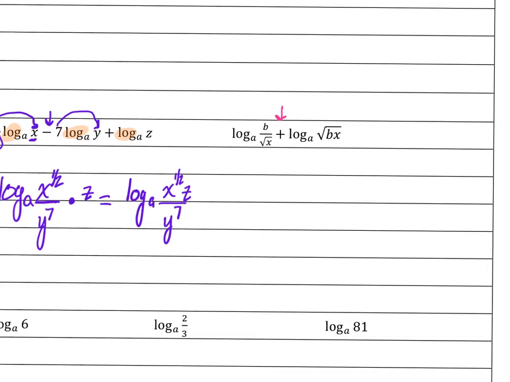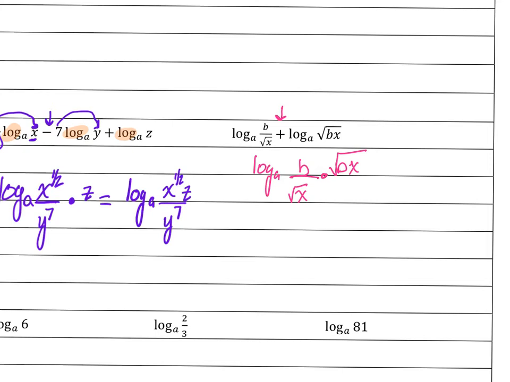Great. So I have a multiplication problem. Okay, so I have log base A. There's no exponent, so there's nothing in front of the log, so I'm not having an exponent. Log base A of b over the square root of x times the square root of bx.